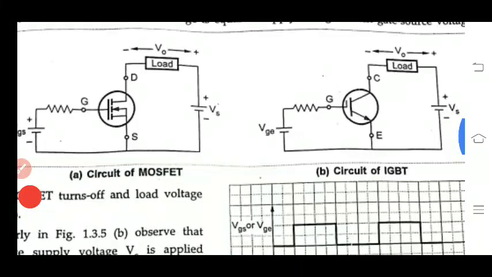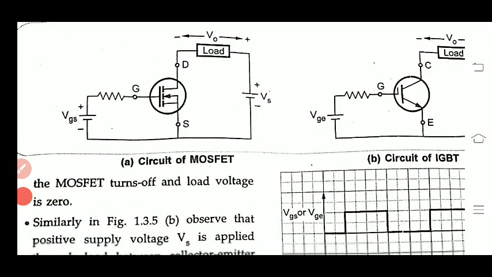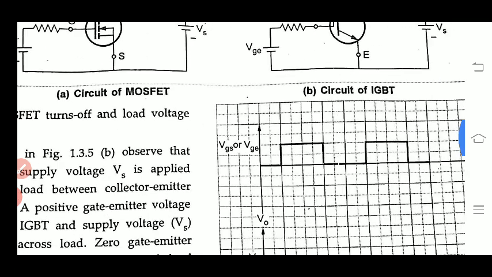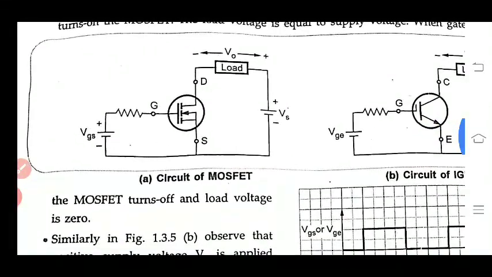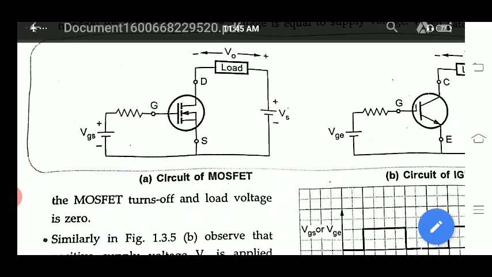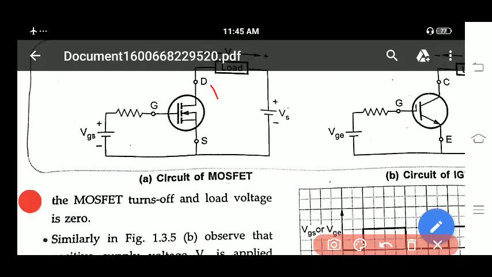Next we will see MOSFET and IGBT. Here MOSFET and IGBT also show behavior similar to BJT, but they can be used for low voltage applications and so on. Here you can see that battery supply, drain, source they have connected here.